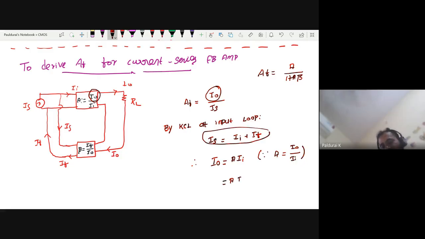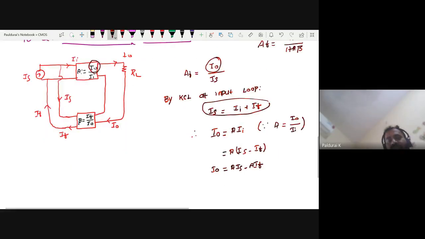It is I S minus I F. So it becomes A times I S minus A times I F. This is my I out, where I F is beta times I out. So A times I S minus A beta times I out.